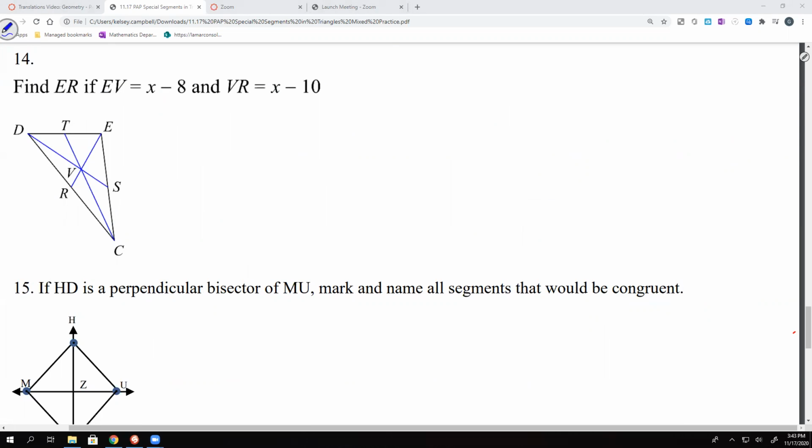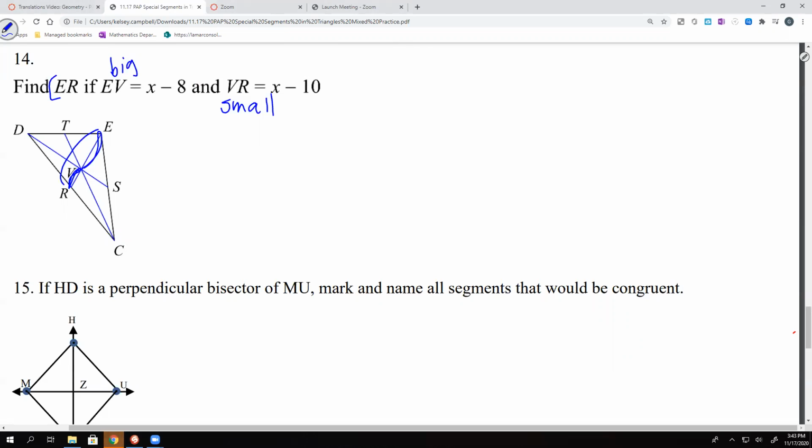Okay, on 14, they said find ER if EV is x minus 8 and VR is x minus 10. Okay, VR is the small piece and EV is the bigger piece and ER is the whole thing.